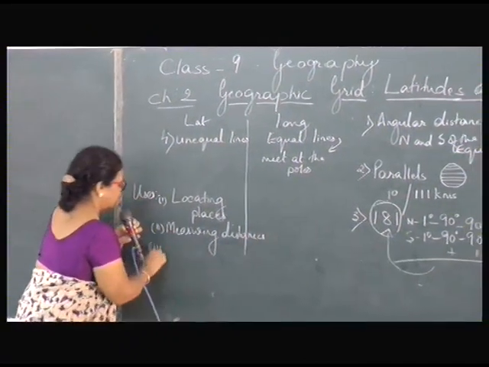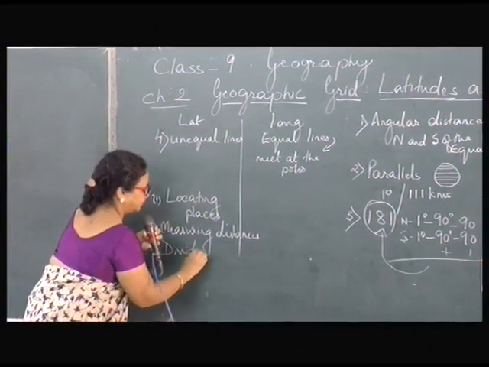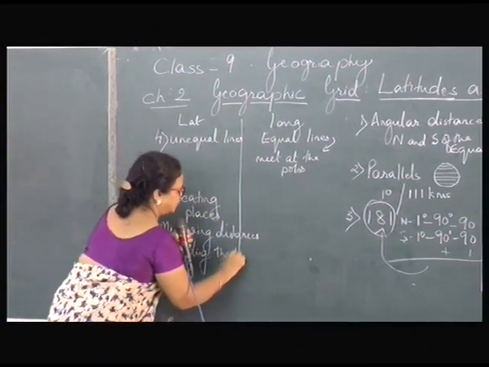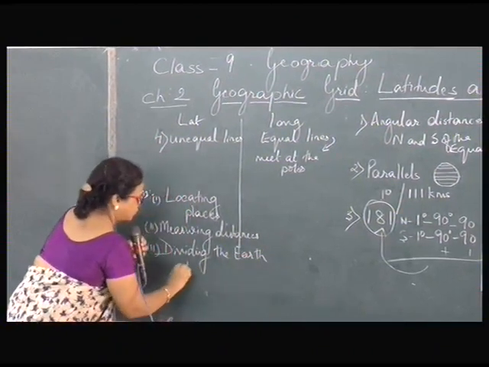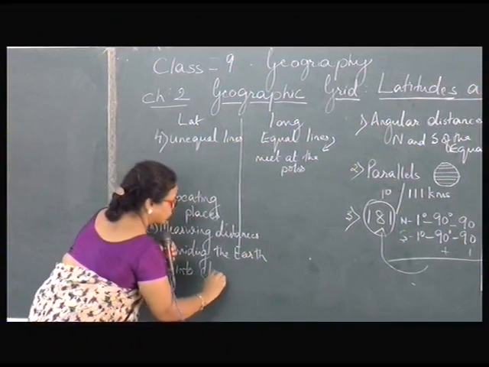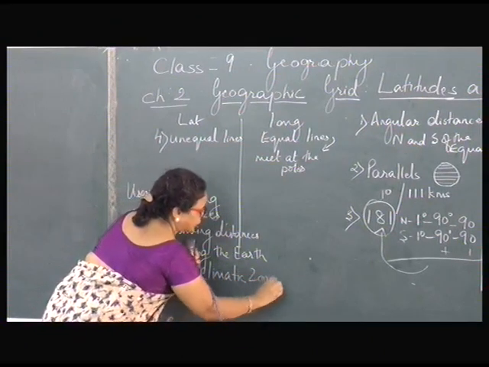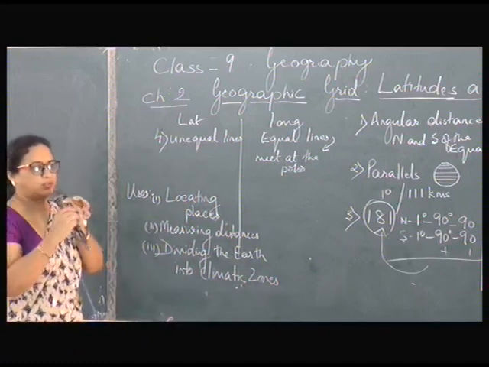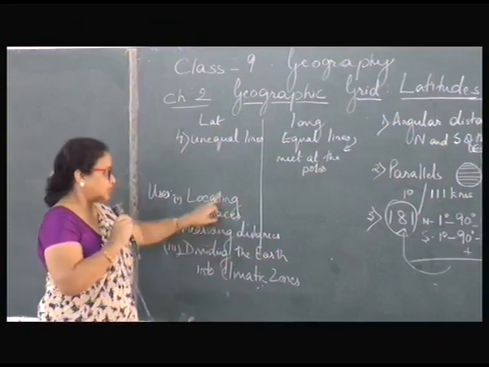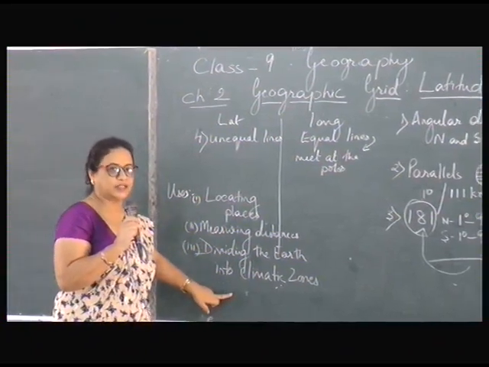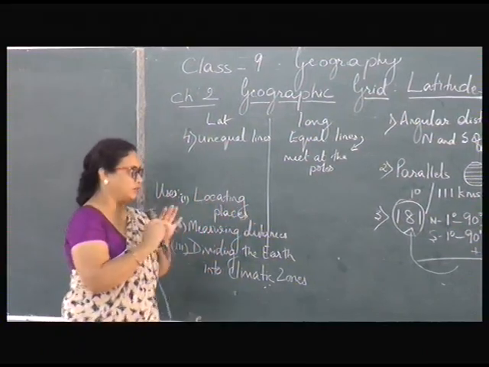And thirdly, for dividing the earth into climatic zones or heat zones, as we also call them. And I think you have studied about heat zones in the junior classes. So there are three uses of the latitudes. I am presenting it like this so that you know the difference in the uses.